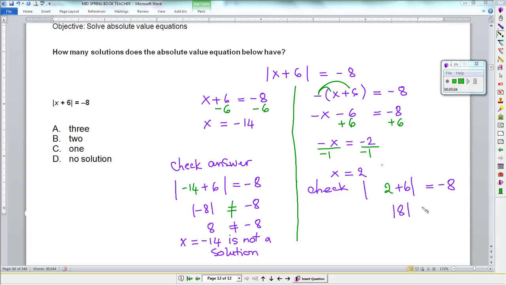As you can see, the absolute value of 8 doesn't equal negative 8. So again, we can conclude that x equals 2 is not a solution. Therefore, in this case, we have no solution.